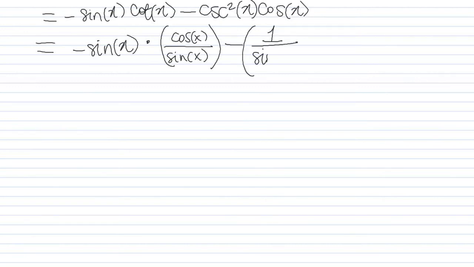But then you have a squared here. What are you going to do? Cosecant squared x is just going to be 1 over sine squared x. So that's it, and then you have, obviously, multiplied by cosine x here.